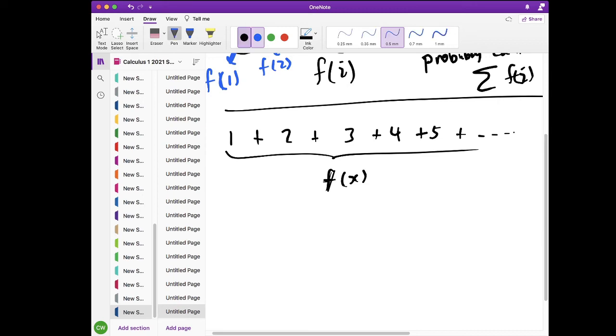Can you think of another one? So if you have f of x equals x, what's your index? What would your starting index be? Yeah, I equals 1.